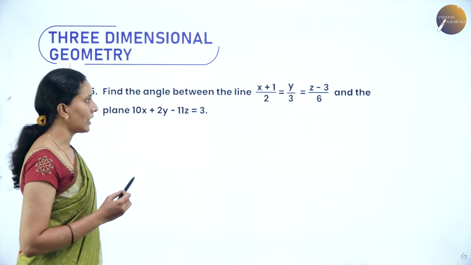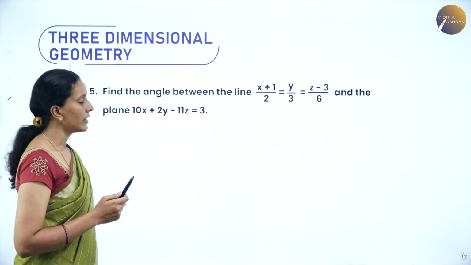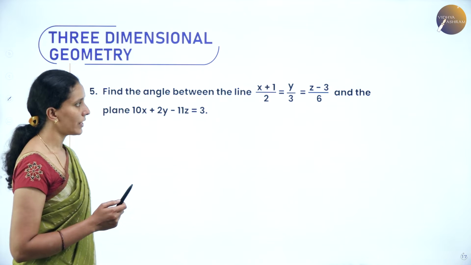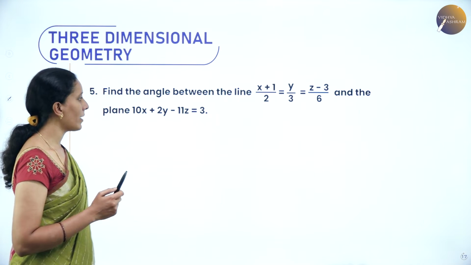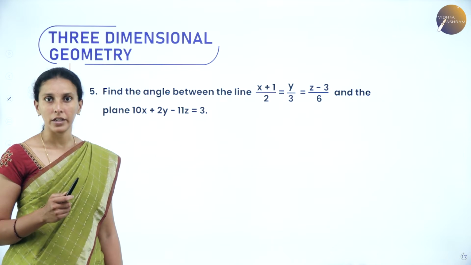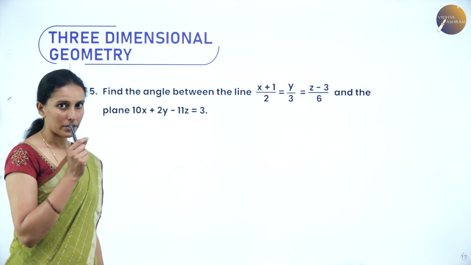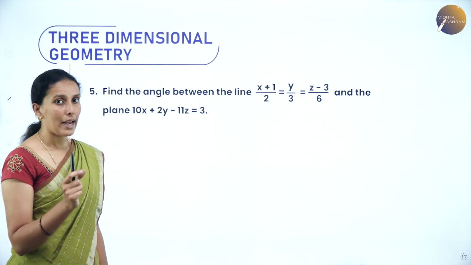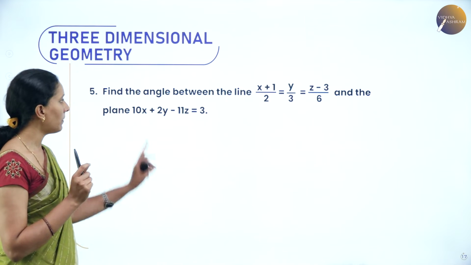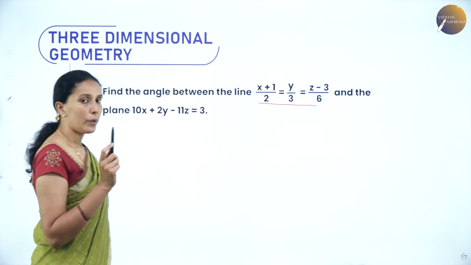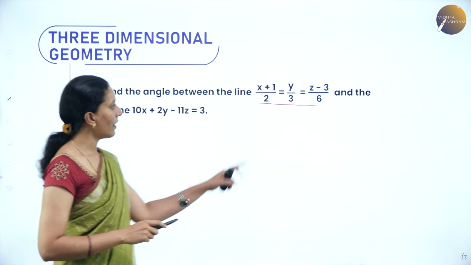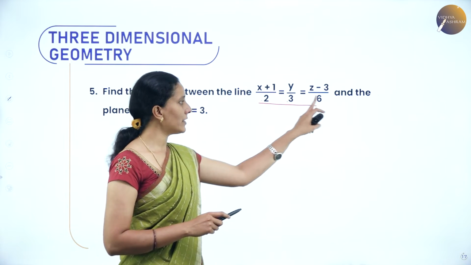Find the angle between the line (x plus 1) by 2 is equal to y by 3 is equal to (z minus 3) by 6 and the plane 10x plus 2y minus 11z is equal to 3. First let us write what is vector b and what is vector n, that is the normal to the plane. Here the equation of the line is given, thus we can write vector b from the direction ratios a, b, c.